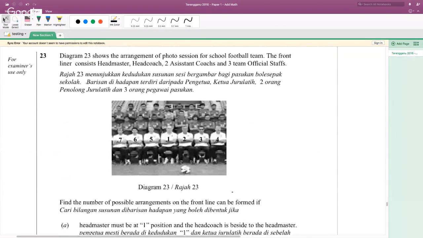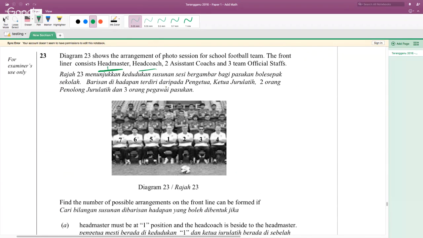Okay, this question I actually saw somewhere. I'm not sure. Maybe some student asked me before, or maybe it's the same as some other trial paper. I'm not sure, but anyway, let's have a look at this question. Diagram 23 shows the arrangement of the photo session for the school football team. Okay, so the line consists of a headmaster and a head coach.